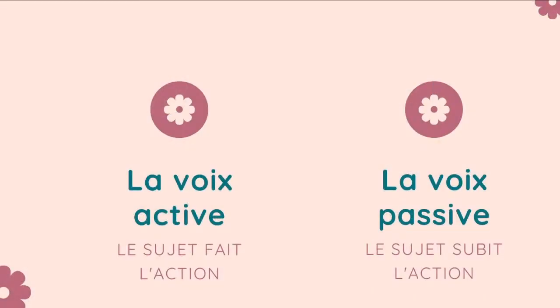You might also see those two things on those conjugation tables, la voix active et la voix passive. That sounds a bit complicated, but it's actually very simple. When you use the active voice, that means the subject is doing the action. When you have the passive voice, the subject undergoes the action.